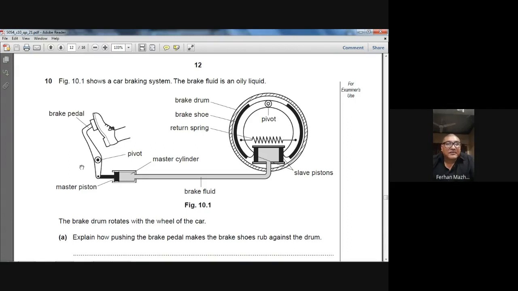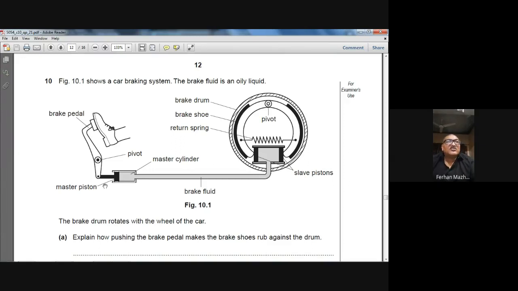The moment produced here and the moment produced in the master piston are equal to each other. But because the moment arm of the master piston is smaller, the force produced there should be larger, because the moment is the product of force and the moment arm. So if the moment arm is smaller and the moment needs to be the same as produced by the brake pedal, then the force has to be larger.